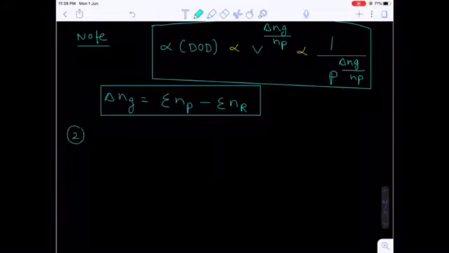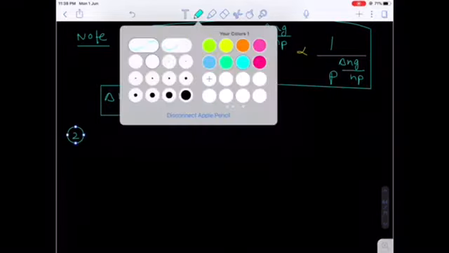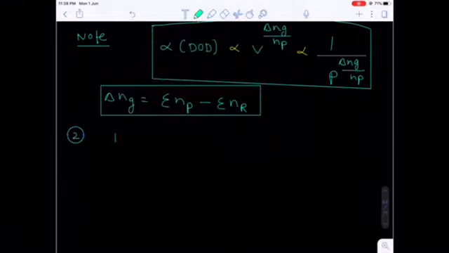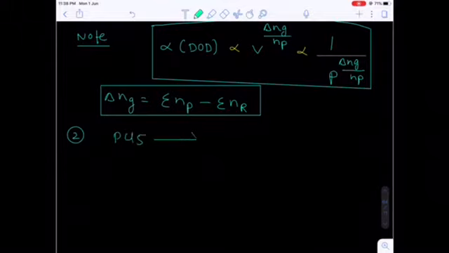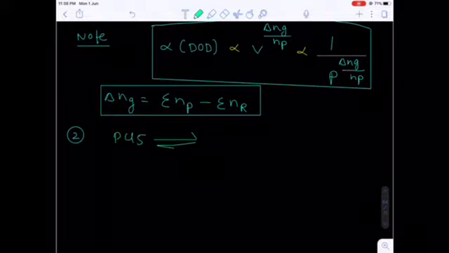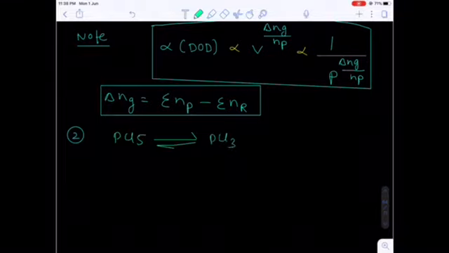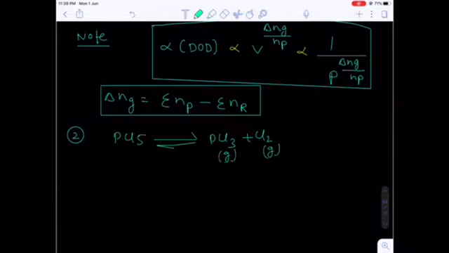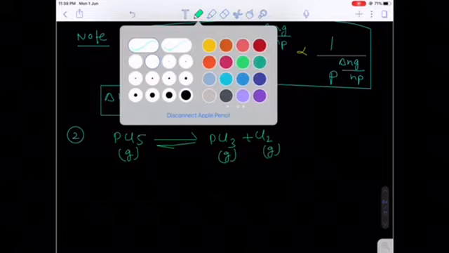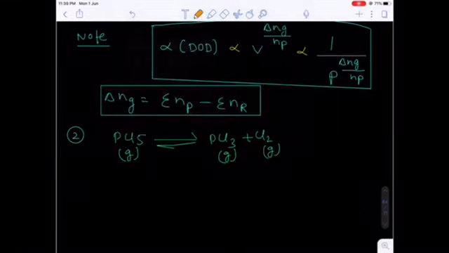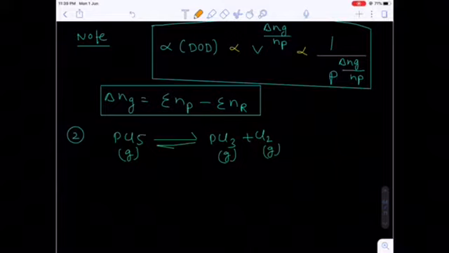Okay, now here the second example, in the homogeneous equilibrium we have phosphorus pentachloride dissociated into phosphorus trichloride and chlorine gas. Now this equilibrium also is a homogeneous equilibrium.